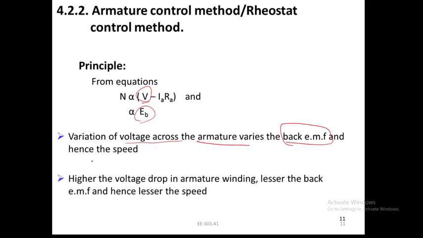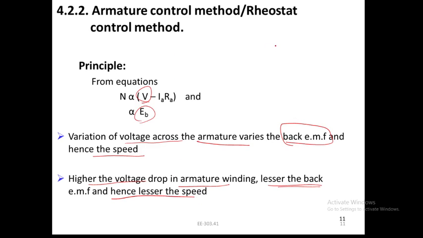If you control the supply voltage, it will control the back EMF, and so we can control the speed. A higher voltage drop in the armature winding means a lesser back EMF, and hence the speed is reduced.